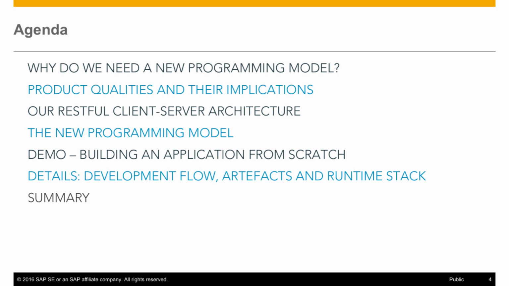And we will have, this is the critical part, 40 minutes, a live demo where we will build a complete Fiori application with draft support from scratch. And at the end, depending on how many questions arise, we will discuss the development flow from a conceptual side, and the involved artifacts that were created, and how the runtime stack looks like.